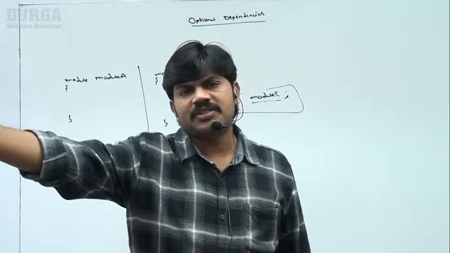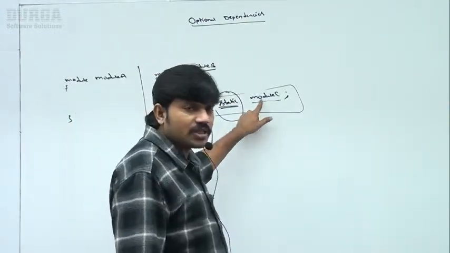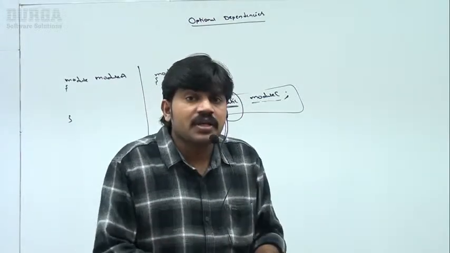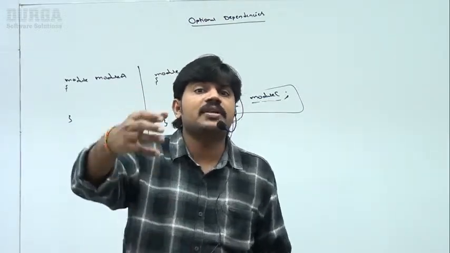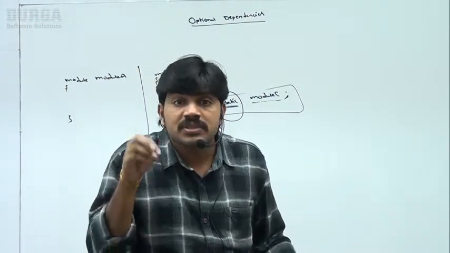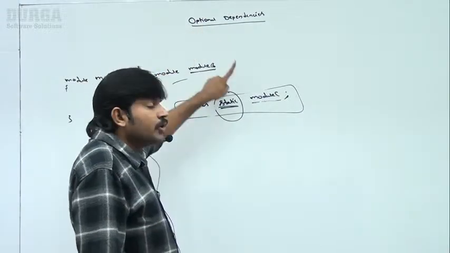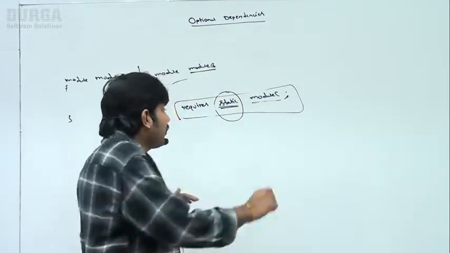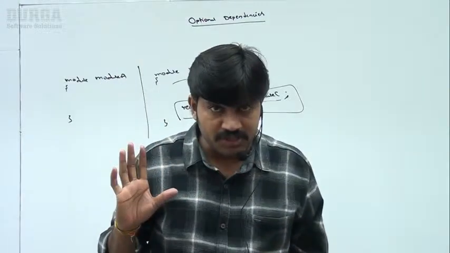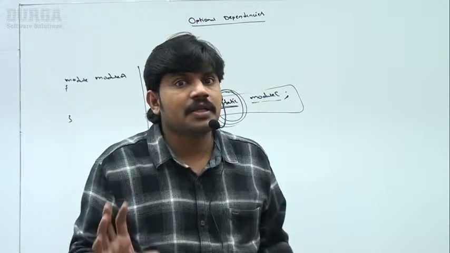On the client machine, I'm telling the client, if you are interested, you can use this module C. If you are not interested, you can ignore it. If you have another full-fledged version, happily you can use it. Such a dependency is nothing but an optional dependency. We can specify an optional dependency with which keyword? The static keyword. What is the meaning of optional dependency?